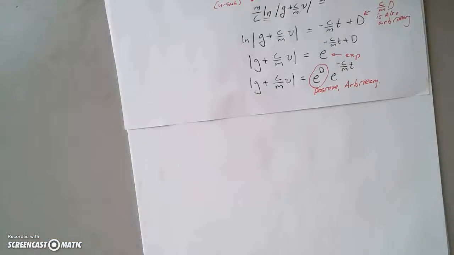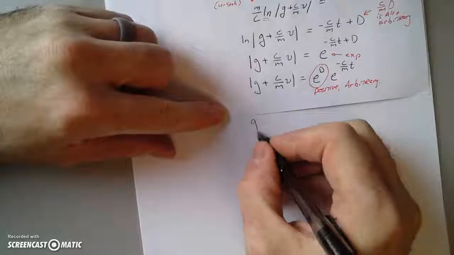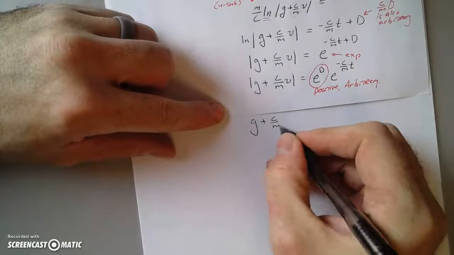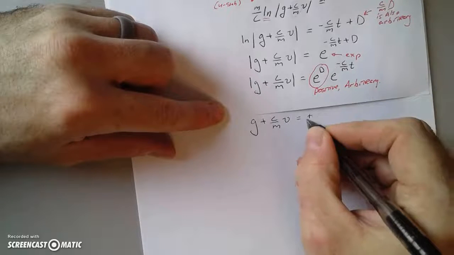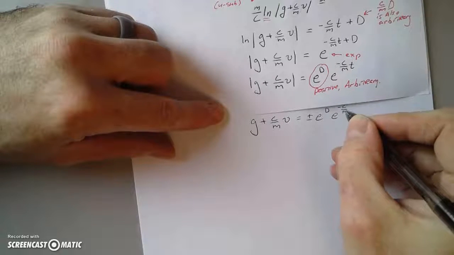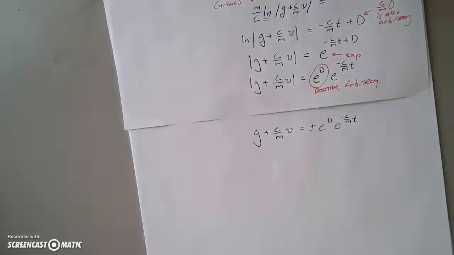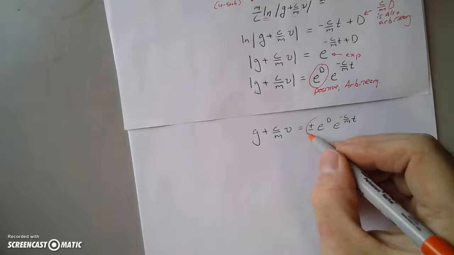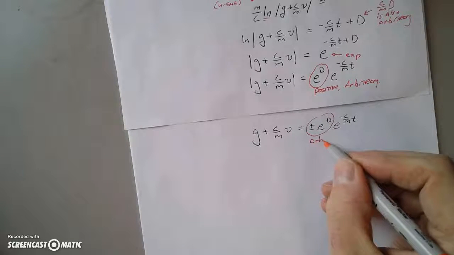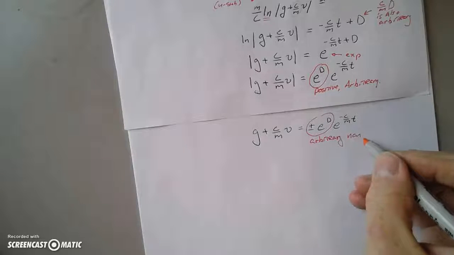All right. I can pull the absolute values off this, g plus c over m times v, and I'll get a plus or minus e to the d. Think of the time in algebra where you had to use absolute values. Here it is. This is why. Now this is an arbitrary non-zero number.